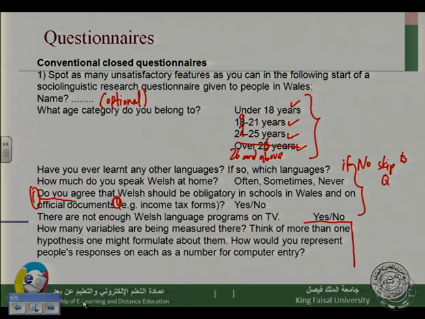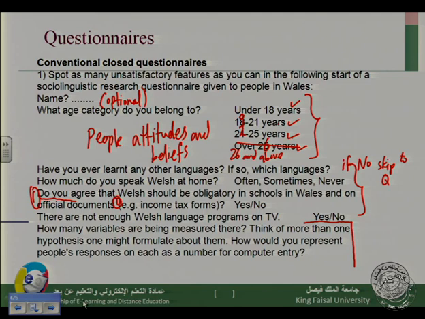So the first variable is people's attitudes and beliefs. So this is an obvious variable, and maybe they want to check the effect of age on these attitudes.